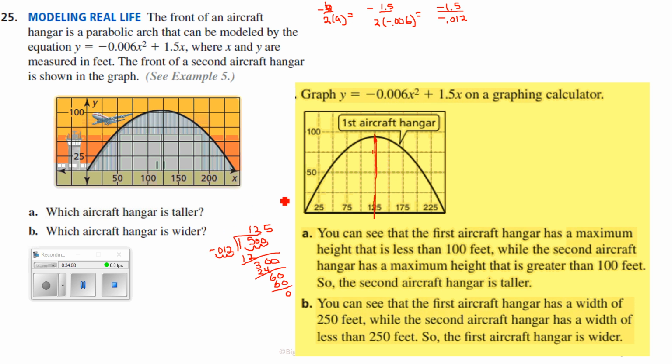To go ahead and find my vertex, I plug 125 into my problem. When I do, it looks like I'm going to end up with somewhere around 90 or so. I'm not going to work all that because I don't have my calculator there, but you understand you're going to replace x with 125.